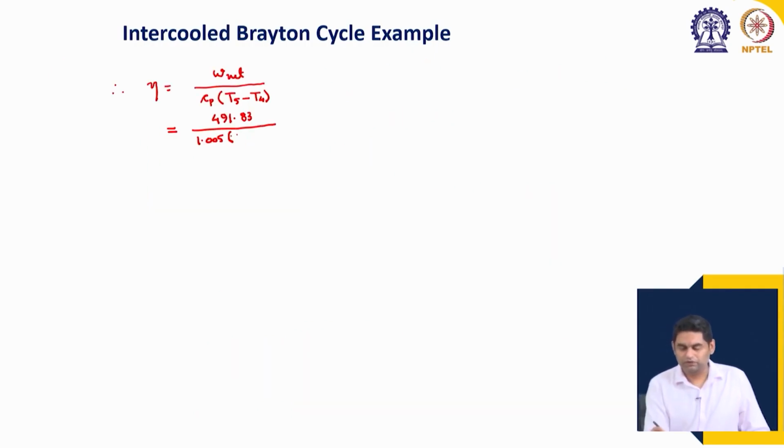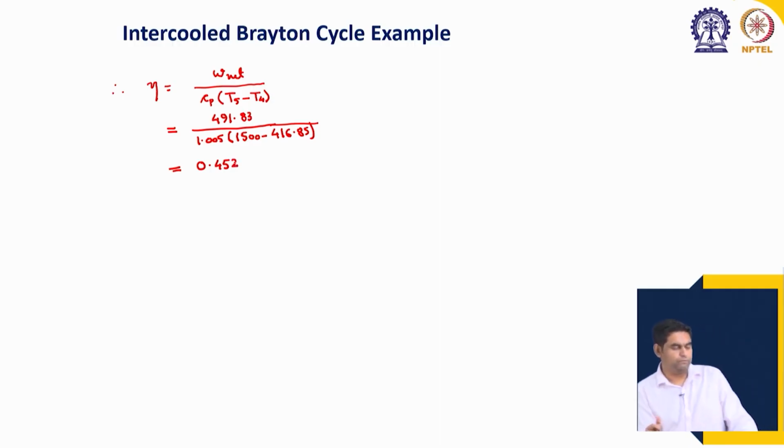Okay, so, this is 1500 minus 416.85. So, we get a value of 0.452 or 45.2%. Okay.